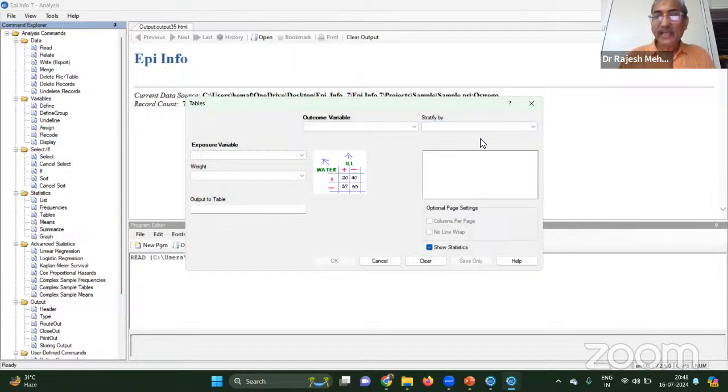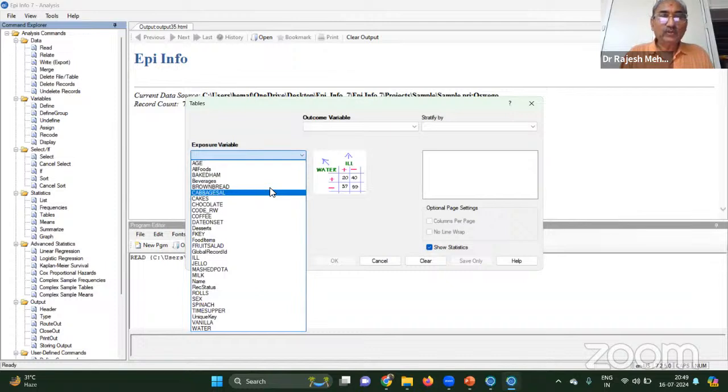We will not be touching that, but youngsters are supposed to go for that. Also, you should be going for weightage. Also, output to table, in which table you want to have the output. All this. But basically, we'll be going for 2 by 2.